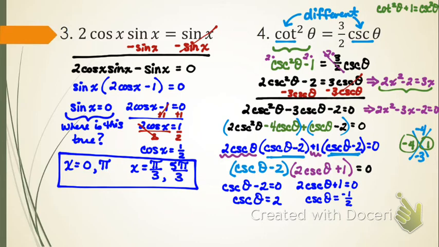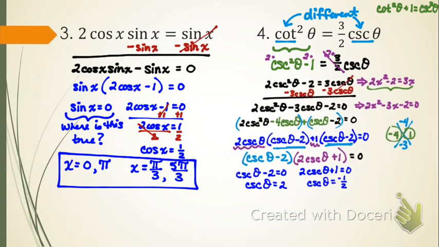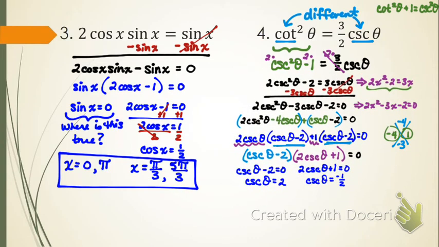So, where is cosecant theta equal to +2? You said pi over 6 and 5 pi over 6. Where is cosecant theta equal to -1/2? Nowhere.